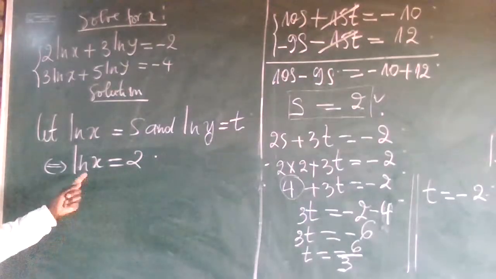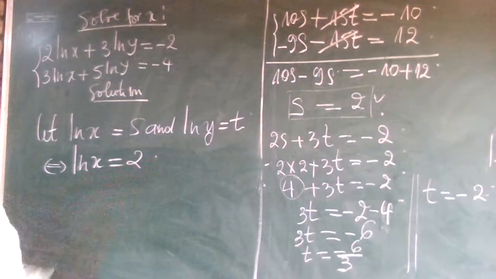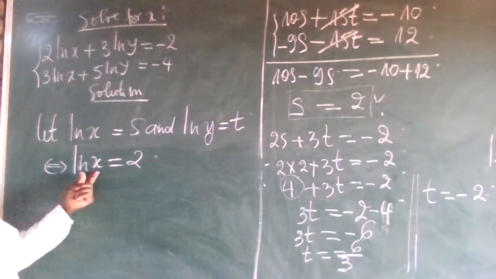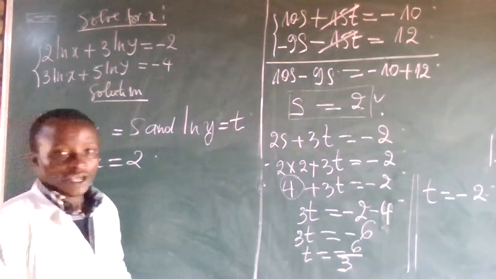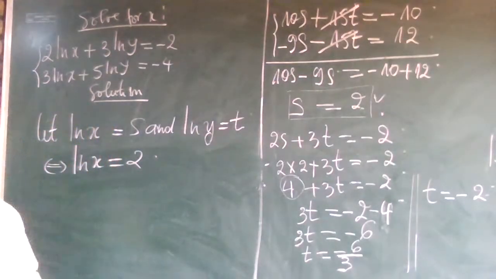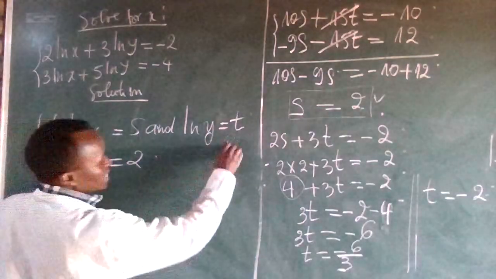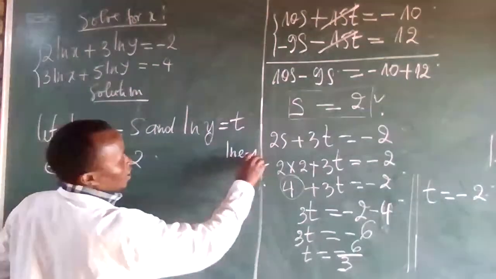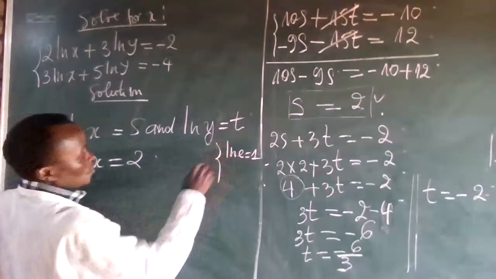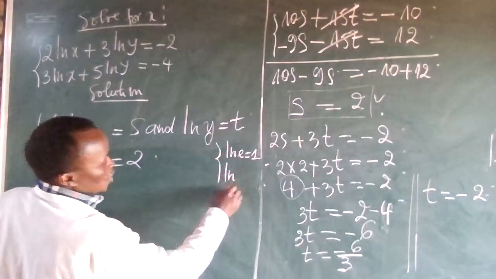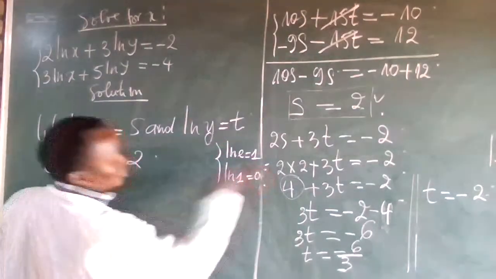Yes? So now what we need to do here, you see, in the property of logarithmic function, I have showed this one. When we have ln of e is equal to 1, also, when you have ln of 1 is equal to 0.